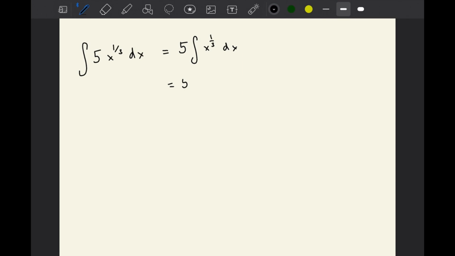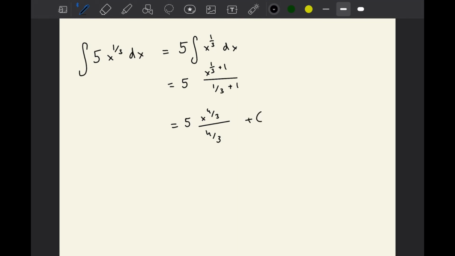So we're going to have 5 times x to the power of 1/3 plus 1 over 1/3 plus 1. So basically what we have is 5 times x to the power of 4/3 over 4/3.